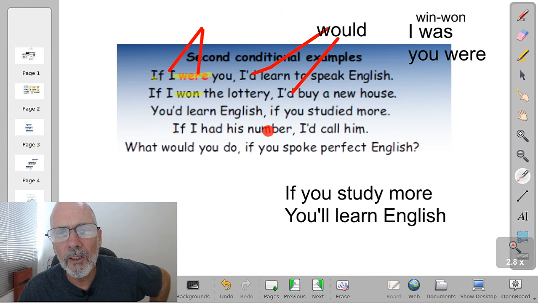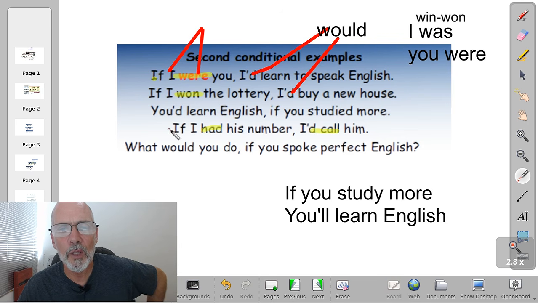If I had his number, I'd call him. Or I'd call him if I had his number. Again, this part here is in the past and this is with would. What would you do if you spoke perfect English?